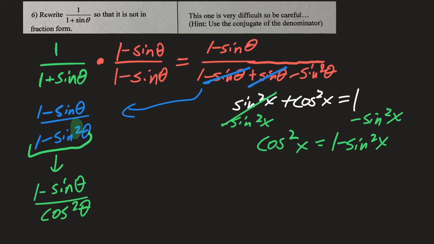Okay, now that I've replaced the bottom, I still need to get it away from being a fraction. And to do this, we'll use another identity actually. We're going to use a reciprocal identity, and there should be one that helps me get rid of cosine from the bottom of a fraction. So look for an identity that says that. Okay, I'm hoping that you found the identity that says secant theta equals 1 over cosine theta.